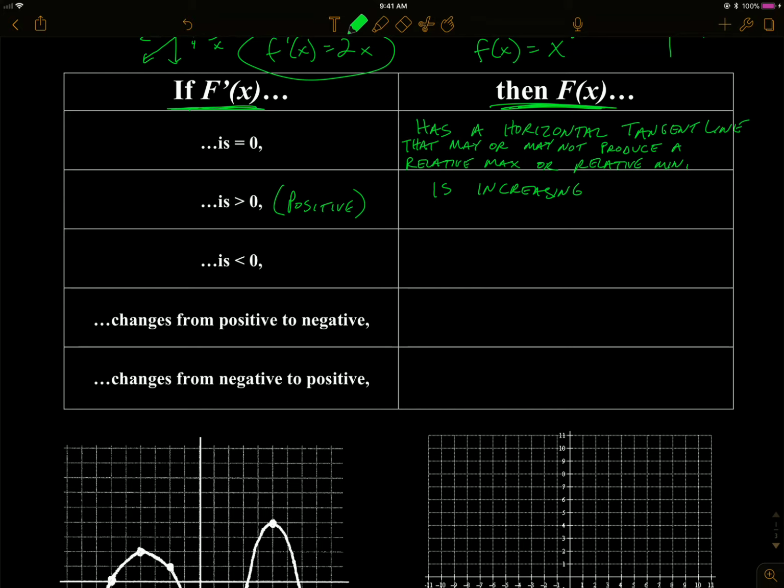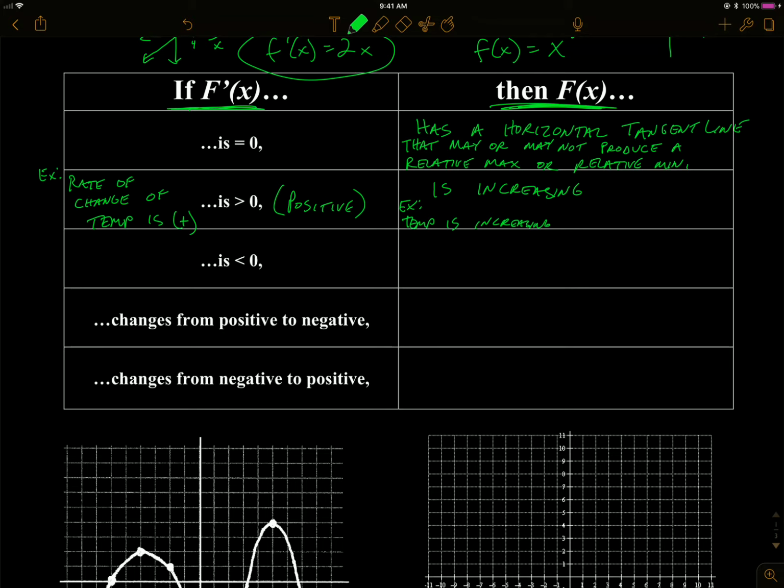If you think of the temperature outside, if the rate of change, or the derivative of the temperature, is positive, that means the temperature itself, the original function, is increasing. Temperature is going up. So that's how I think of that one. And vice versa works, by the way. If I know the temperature is increasing, then I know the rate of change of the temperature is positive.